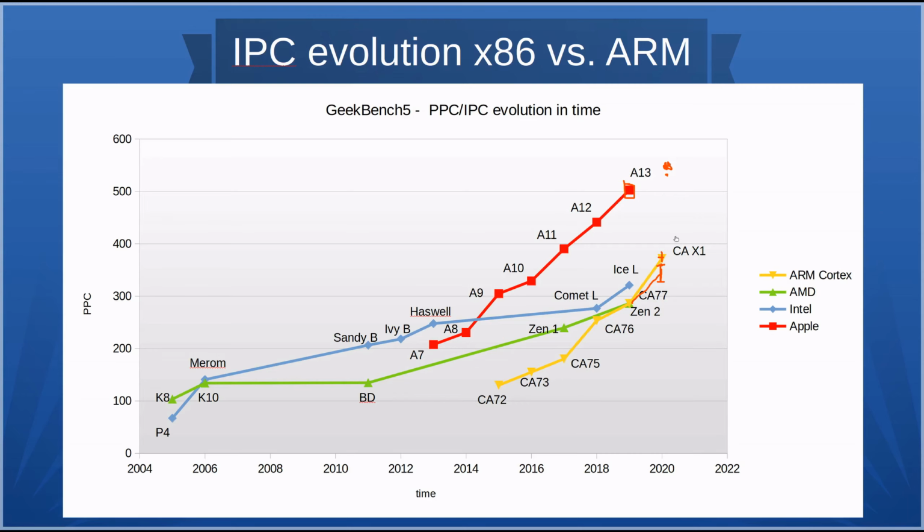The Samsung S30 series should be powered by this Cortex X1. These are really IPC monsters already. It's beating Intel Ice Lake and Zen 2.